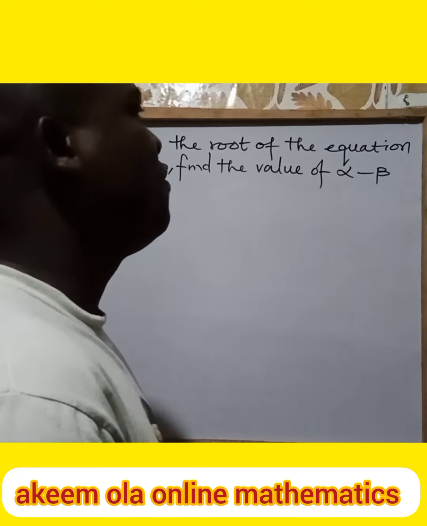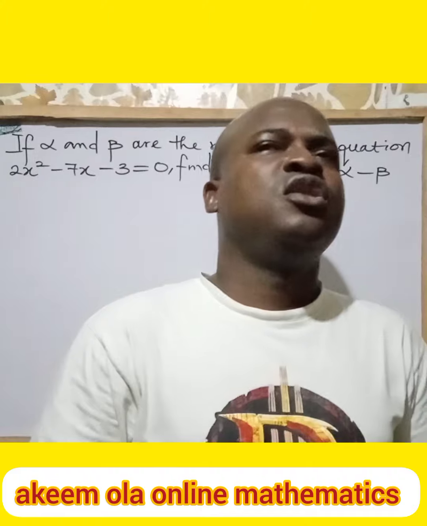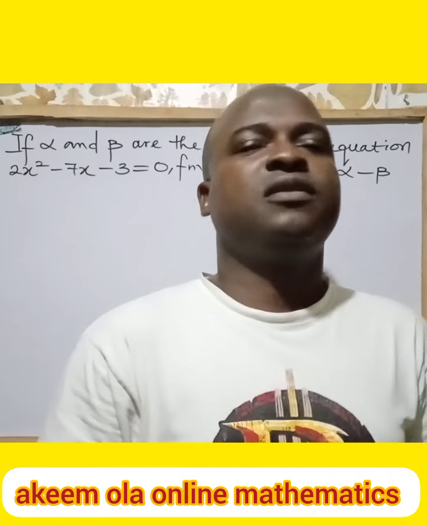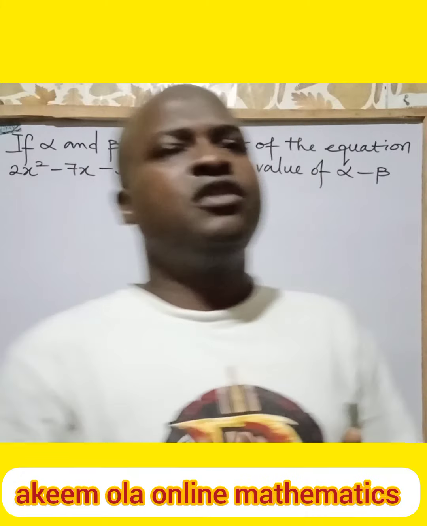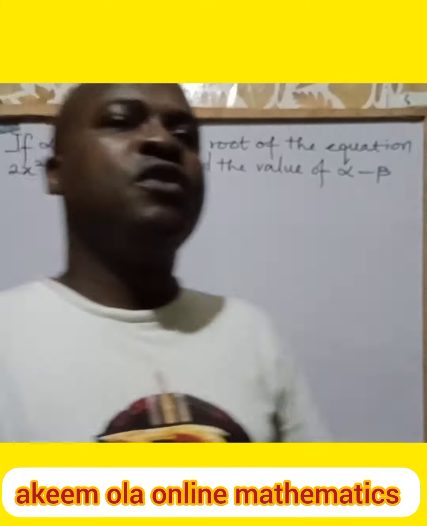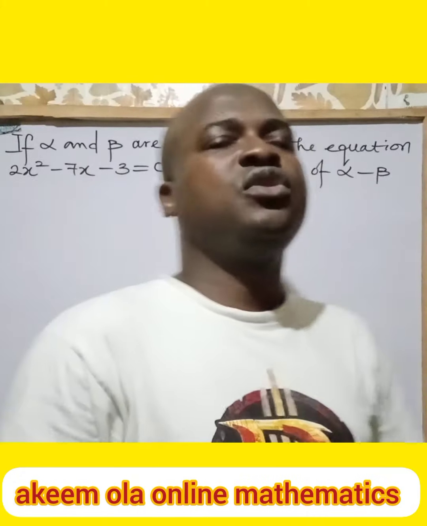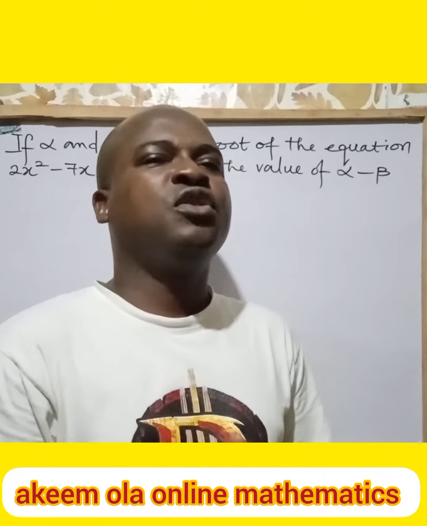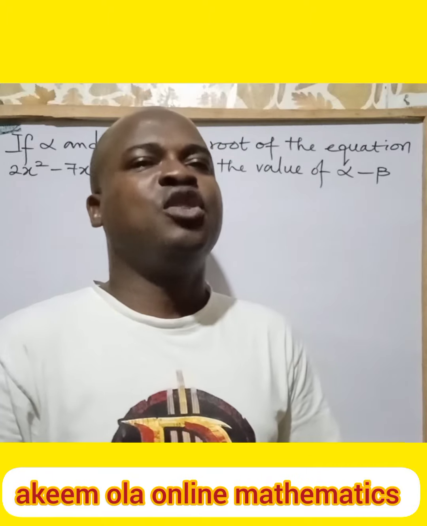Of course, to solve the question on the board, we are going to follow two steps. The first step is to consider the product of roots and the sum of roots, and get the value for the product of roots and the sum of roots.